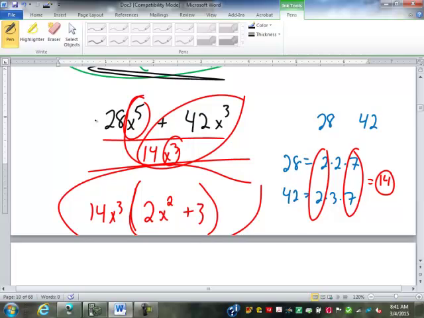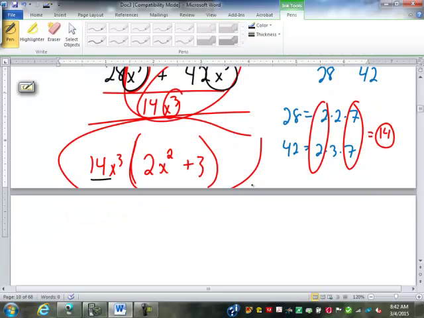14x to the third. Where is that x to the third coming from? That's the smaller of the two powers. Why? Because when you do these out, for greatest common factor, it's always the smaller of the two powers.